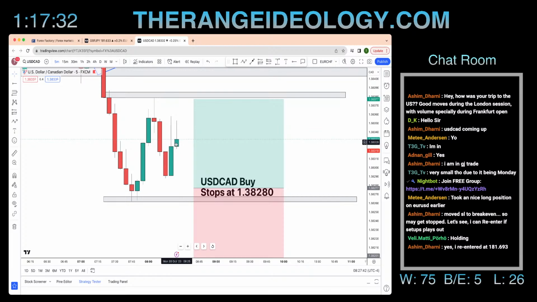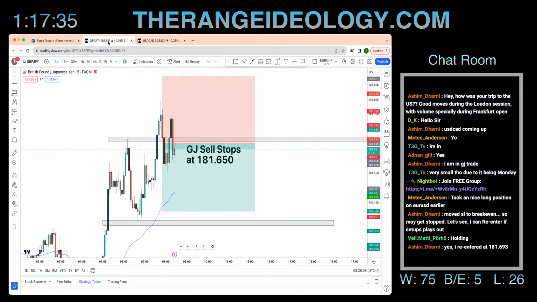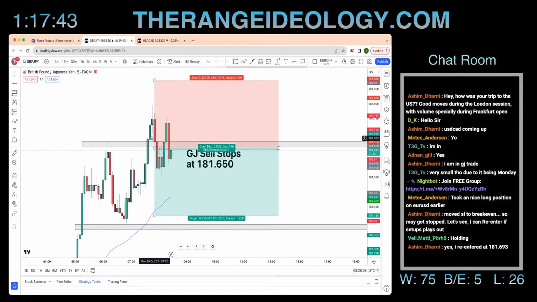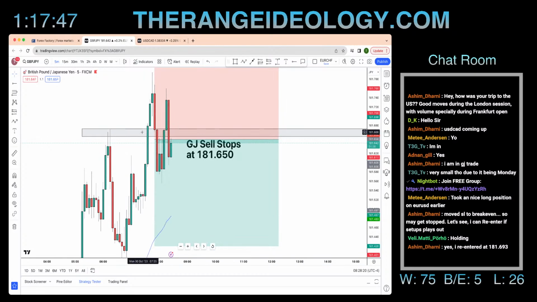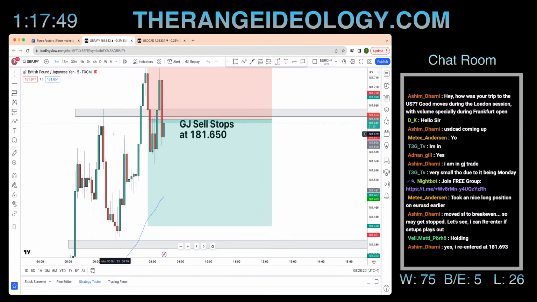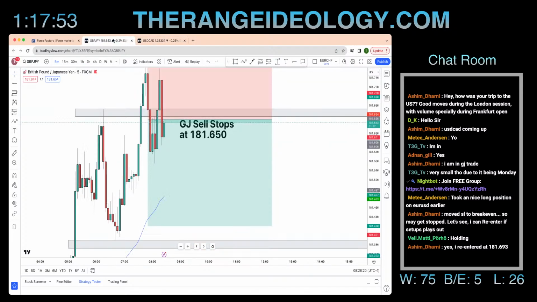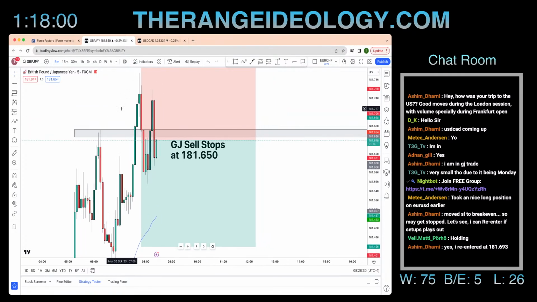Okay, here comes USD CAD down. But GJ again still stuck around that break even 1 hour EMA tap. All right, right back at break even again.